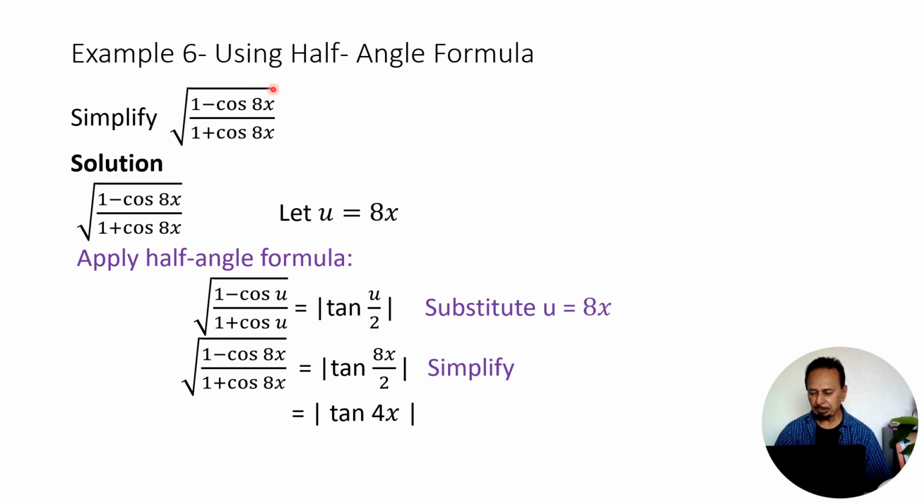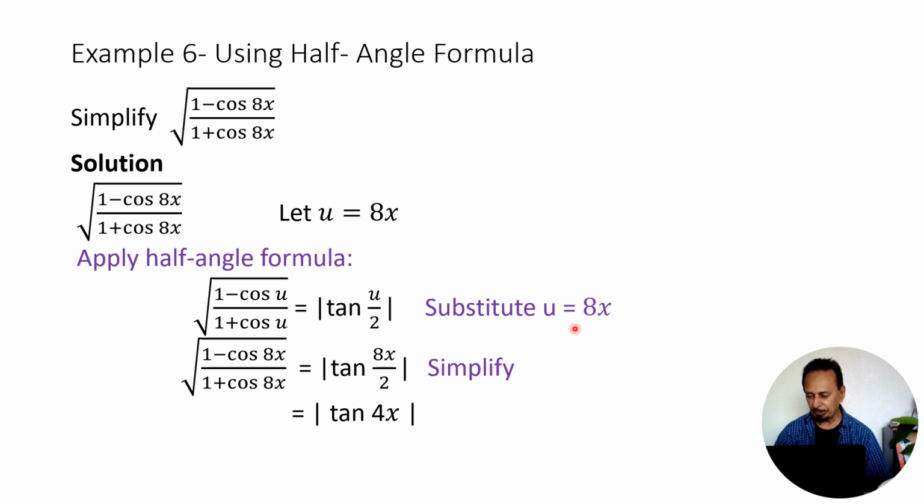Example 6, we're going to simplify the square root of (1 minus cosine 8x) over (1 plus cosine 8x). Well, in 1 minus cosine 8x over 1 plus cosine 8x, we can let u equal 8x. It looks like we can apply the half angle formula. The square root of (1 minus cosine u) over (1 plus cosine u) equals the absolute value of tangent u over 2.